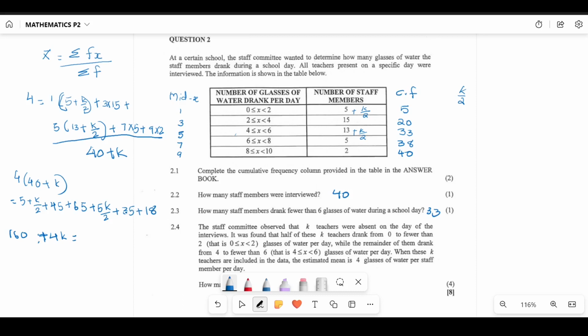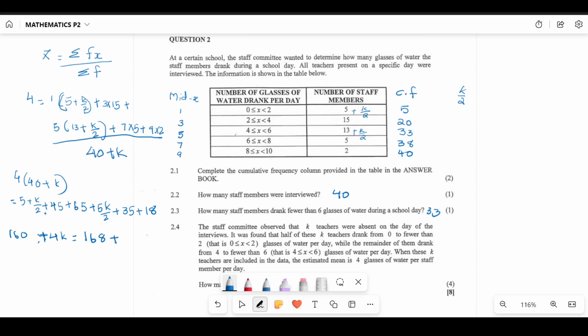When you add all the numbers, 5 plus 45 plus 65 plus 35 plus 18 will give you 168. So it's going to be 168 when you add all the constants together.